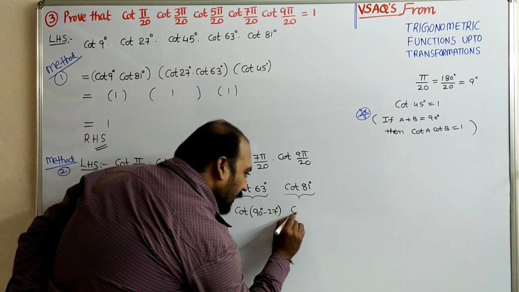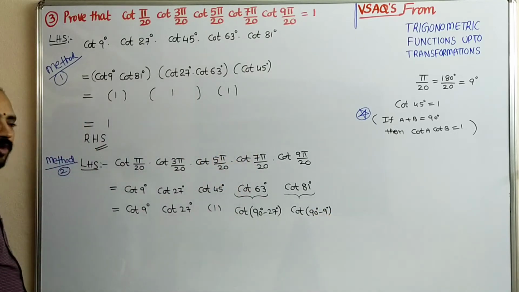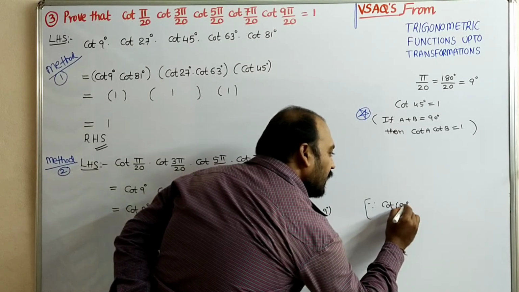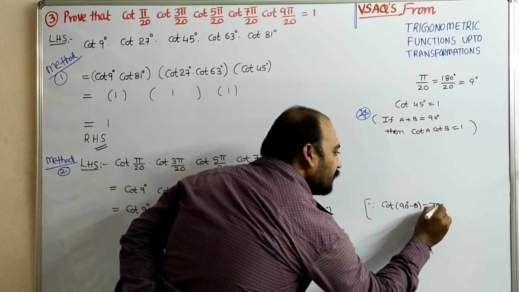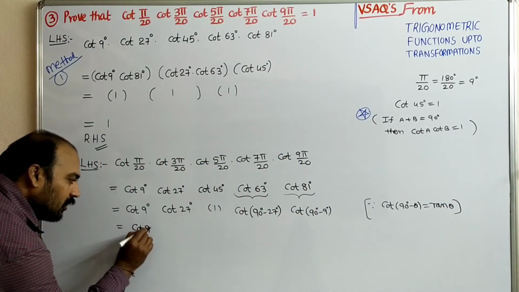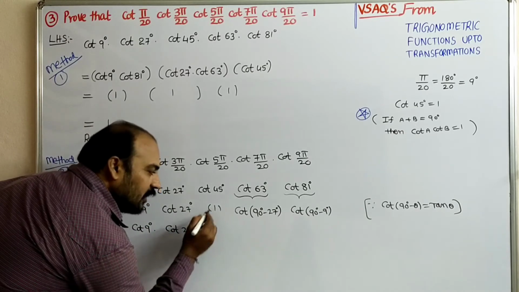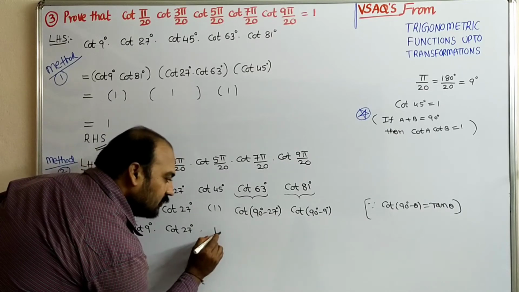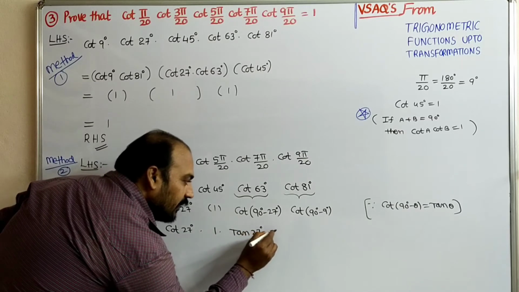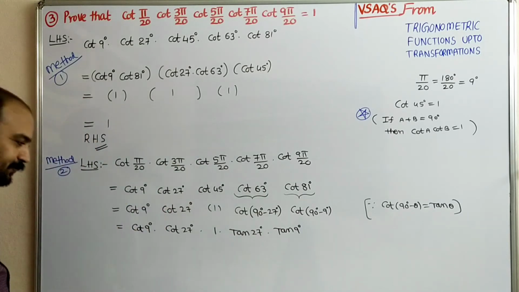Next, cot 81 can be written as cot of 90 minus 9 degrees. We know that cot of 90 minus theta is tan theta. So it becomes cot 9 into cot 27 into 1 into tan 27 into tan 9 degrees.